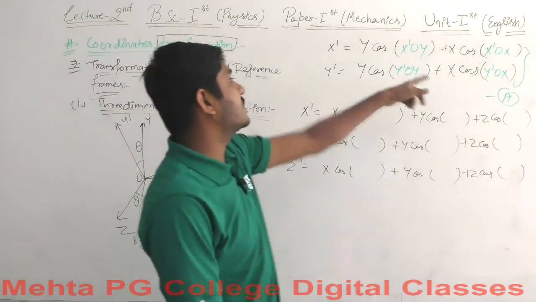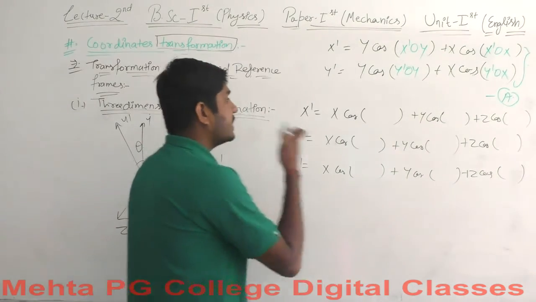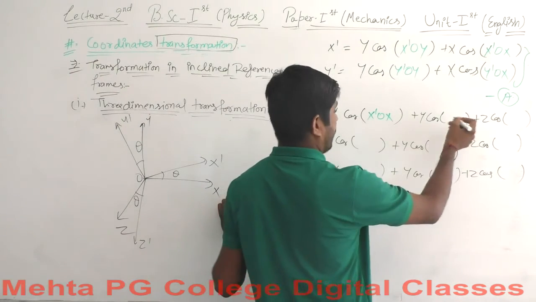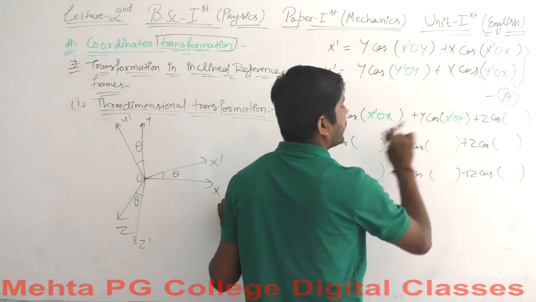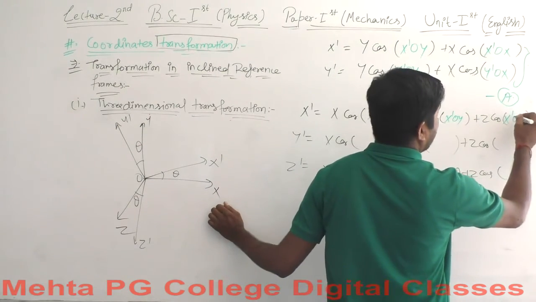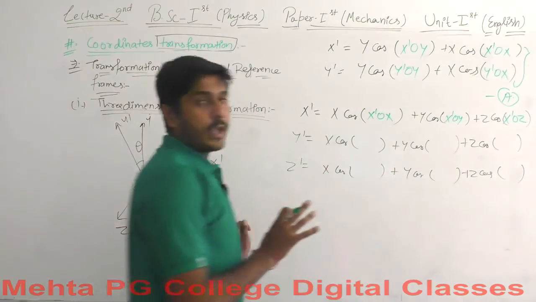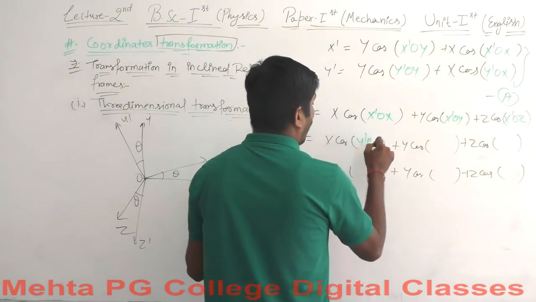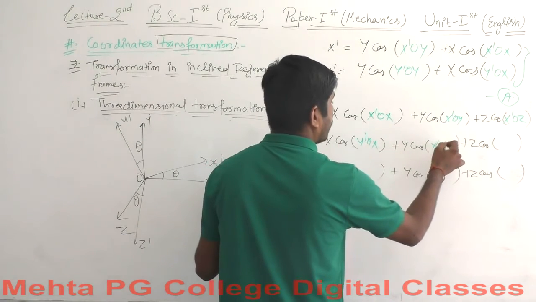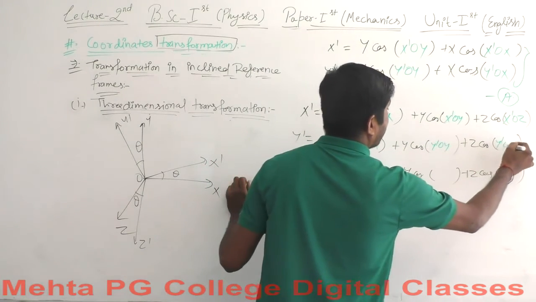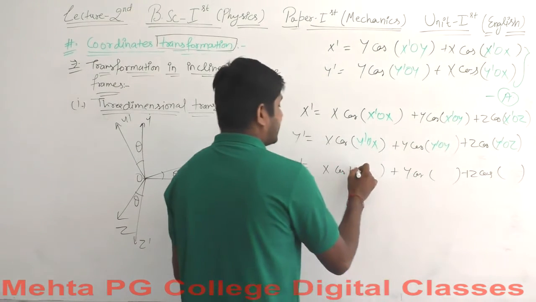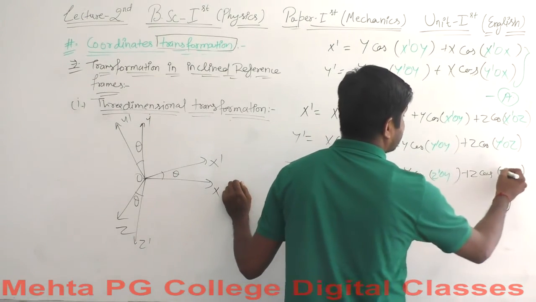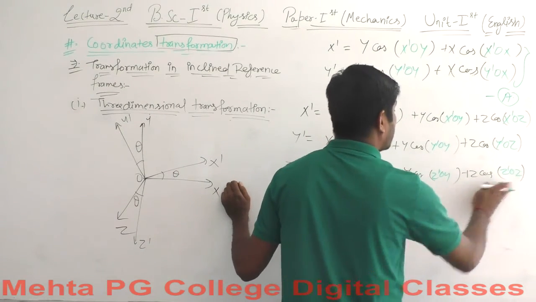This should be x dash ox for x, x dash oy for y, and x dash oz for z, and in the same order we will fill here: y dash ox, y dash oy, y dash oz, and the same for z dash ox, z dash oy, and z dash oz.